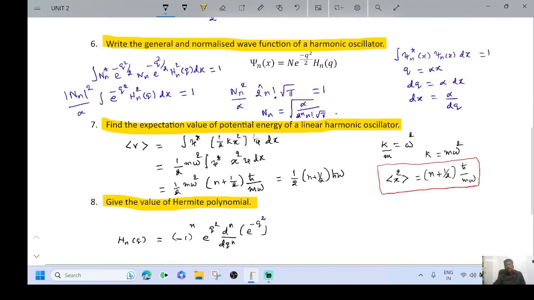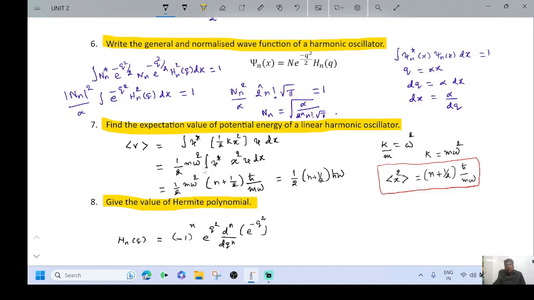Find the expectation value of potential energy of linear harmonic oscillator. For the expectation value, we have to use the formula integral ψ* operator ψ dx. If the wave function is normalized, we know the value of potential, that is 1/2 kx², but k/m = ω², so k = mω². Substitute here.